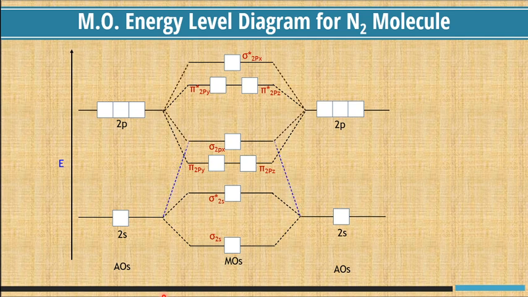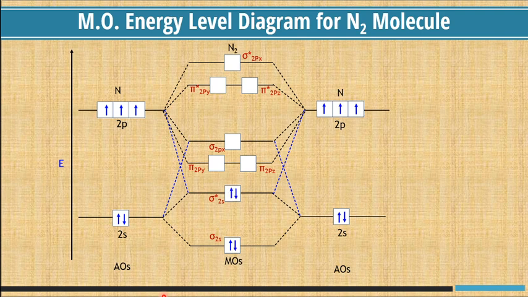Nitrogen contains 2 electrons in the 2s orbital and 3 electrons in the 2p orbital. Similarly, we have 2 electrons in the 2s orbital of nitrogen 2 and 3 electrons in the 2p orbital of nitrogen 2. Sigma 2s is occupied by 2 electrons with antiparallel spin.